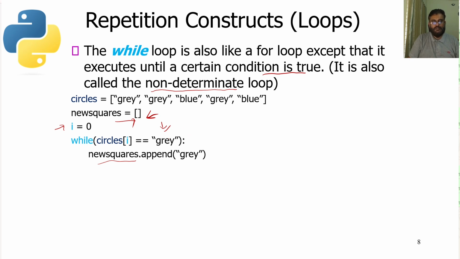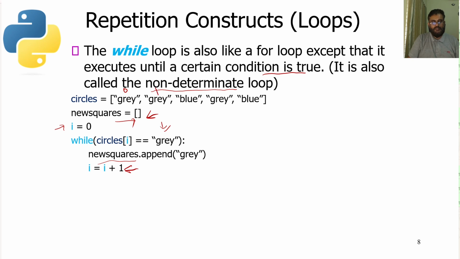So I'm not explicitly specifying some number or some other thing to terminate the loop. I am just giving it a condition which when it becomes false, the loop will terminate. And then I increment the index: i is equal to i plus 1. Initially it will be here, and this condition is met, so it will put gray inside this new squares list, then it will go to increment i.